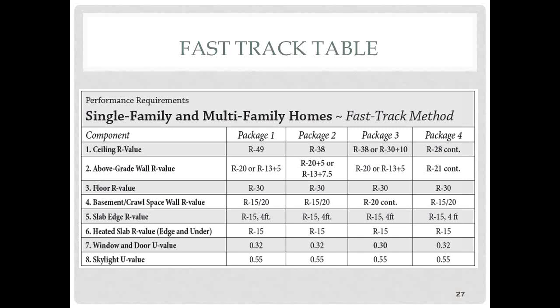Obviously 13 and 5 don't add up to 20, but as most of you know, continuous insulation works better than cavity insulation. So for the purposes of these packages, R13 cavity plus R5 continuous is deemed to be equivalent to R20 cavity insulation.